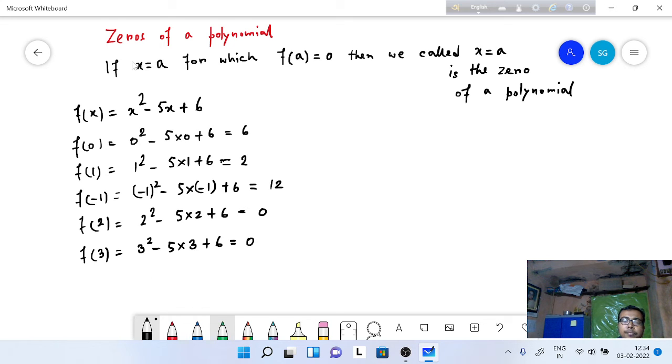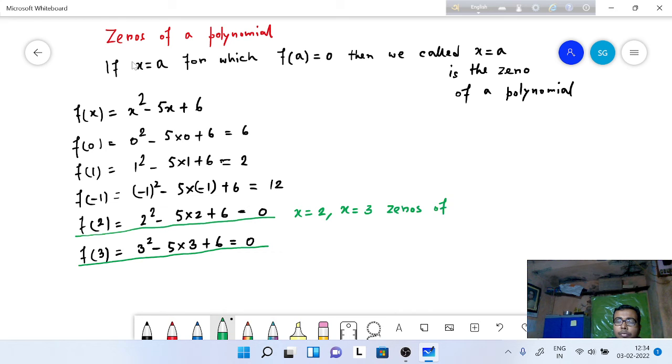So for x equal to 2 and x equal to 3, f(x) becomes 0, so we can say x equal to 2 and x equal to 3 are zeros of f(x).